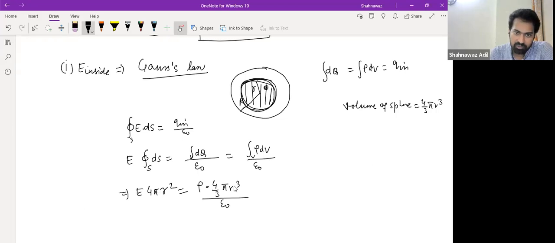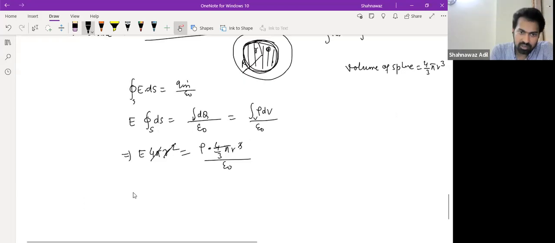So 4 pi cancels, r cube and r square cancel, and we have E is rho r by 3 epsilon naught.